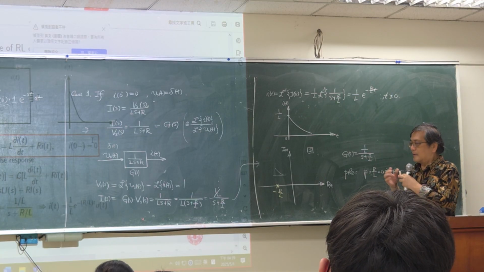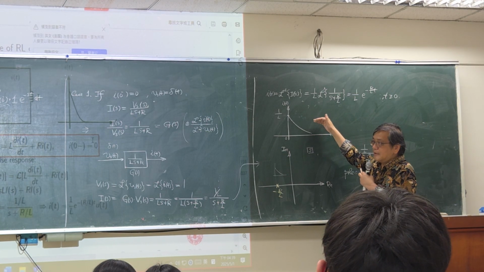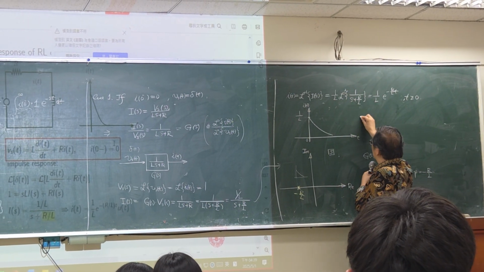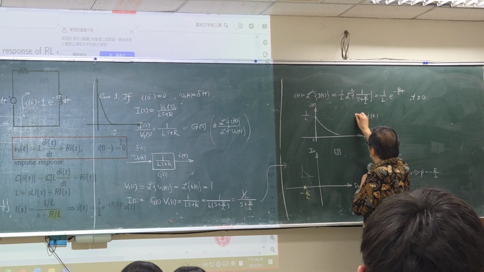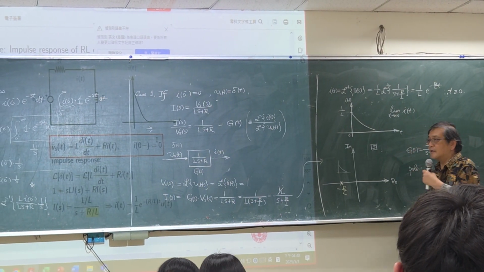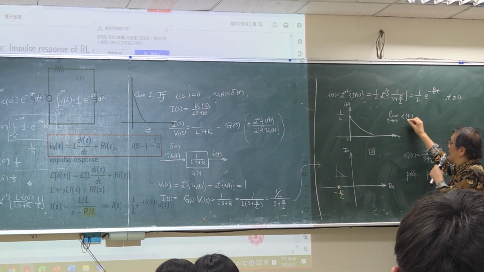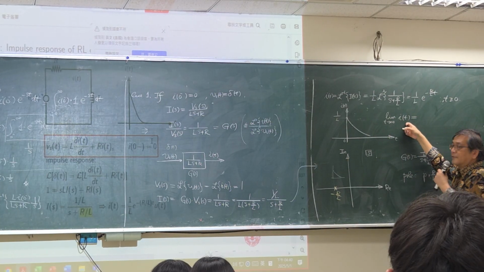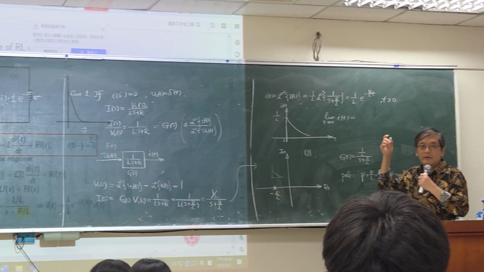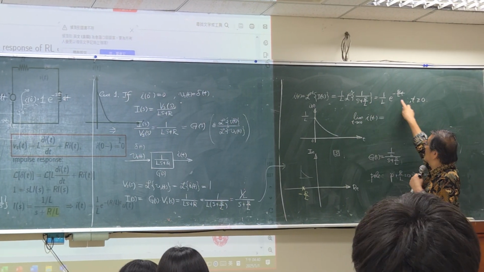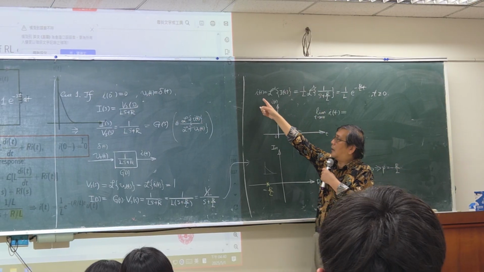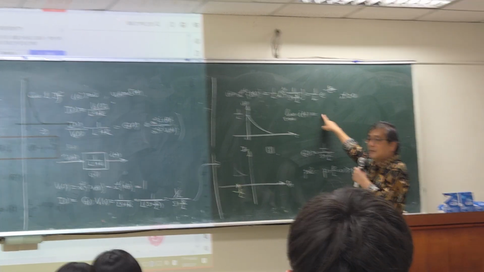From this figure, from this time response, you can see that as t approaches infinity or a big number, the limit of i(t) approaches where? When t approaches infinity, i(t) approaches where?